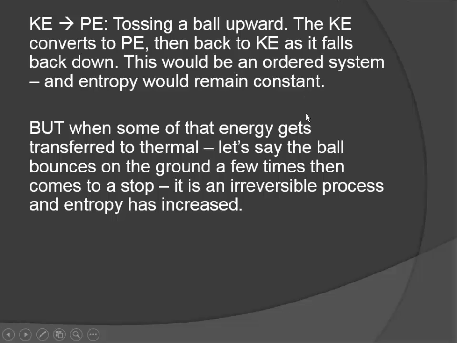But if I let that ball hit the ground, and the ball bounces on the ground a few times and then comes to a stop, well, it's lost some energy due to thermal energy. The ground has gotten warmed up, the ball has maybe gotten warmed up as it bounces, and that process is irreversible. So that means that entropy has increased.